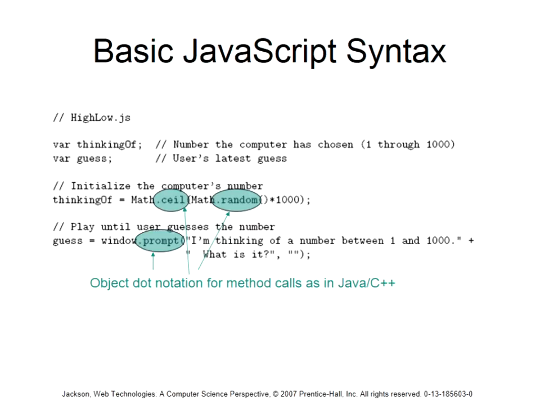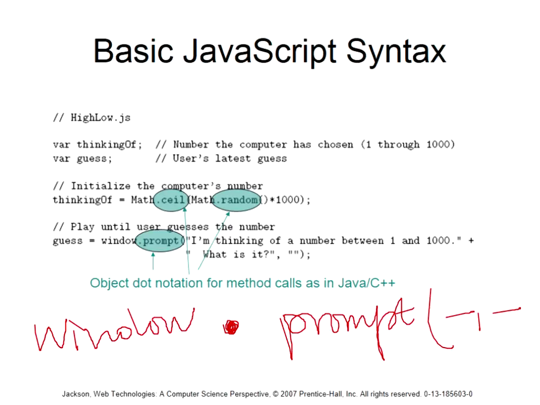So object dot notation is used for method calls as in Java and C++. In this example, when we write window dot prompt, window here is a built-in object, it is an object, and prompt is a method.